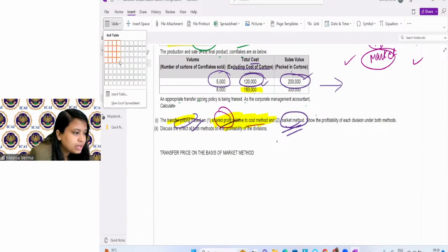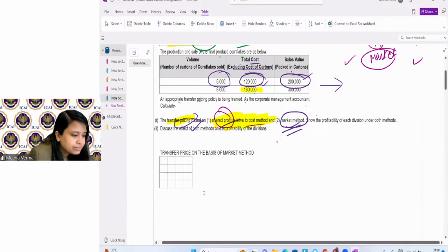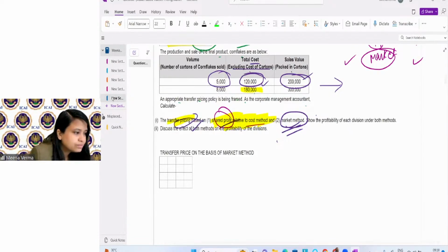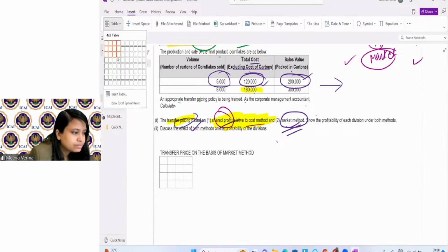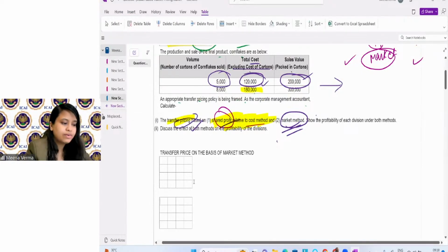The same thing, I'm taking two tables here. One for 5,000 units and another calculation I'll do for 8,000 units.